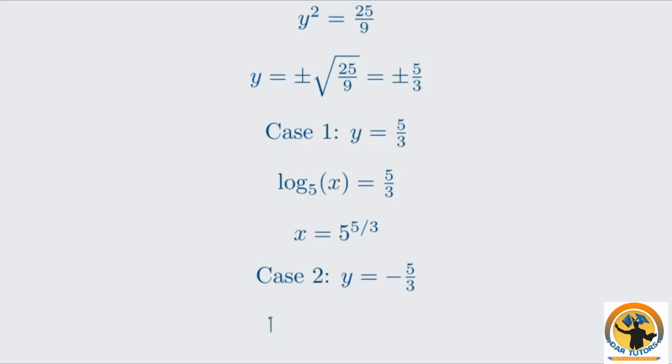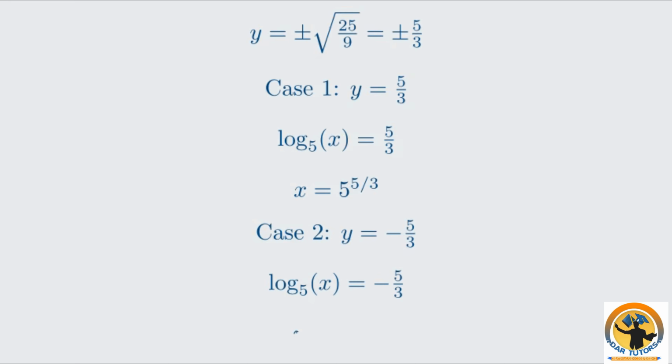For our second solution, y equals negative 5 over 3, we have log base 5 of x equals negative 5 over 3. Converting to exponential form, we get x equals 5 to the power of negative 5 over 3. So our two exact solutions are 5 to the power of 5 over 3 and 5 to the power of negative 5 over 3.